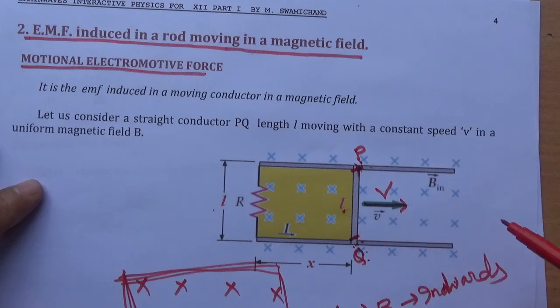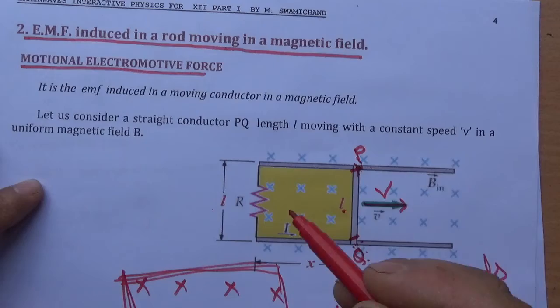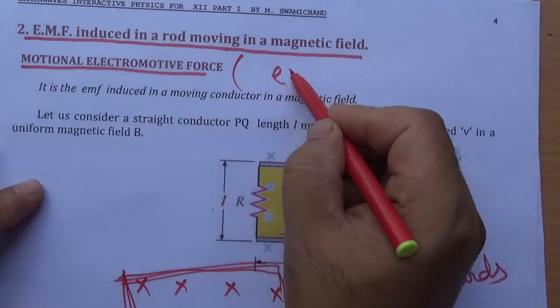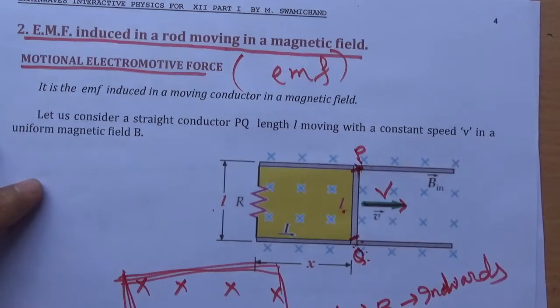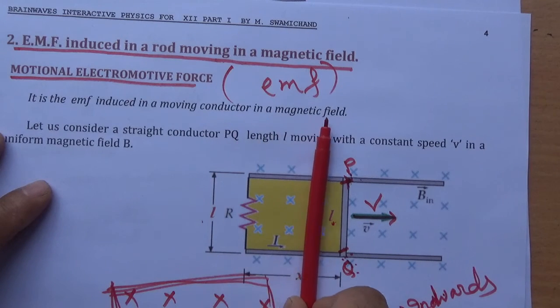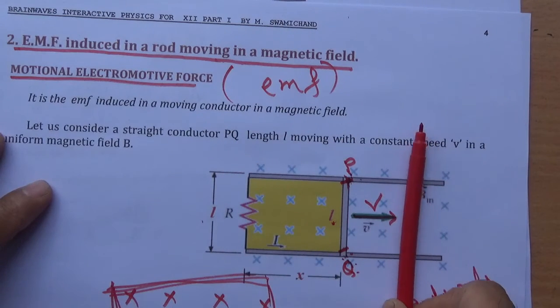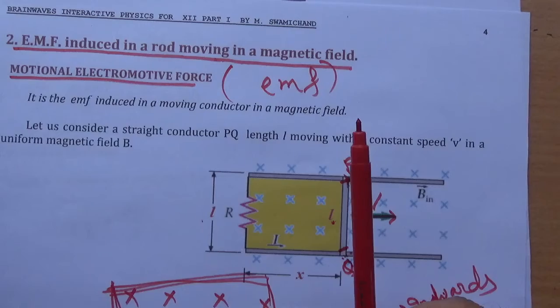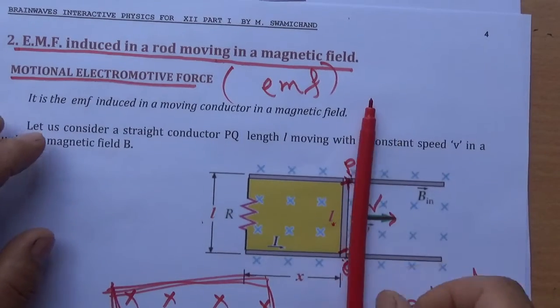This is called electromotive force, EMF. When a conductor moves in a magnetic field, a potential difference is developed between the two ends of the rod.